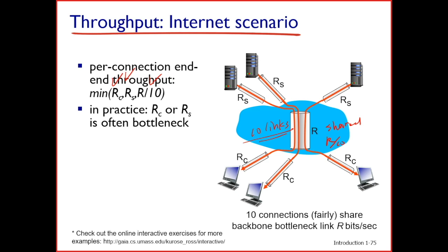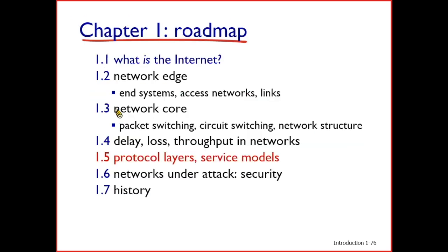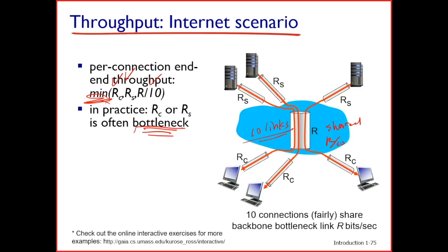And it says in practice, RC and RS are often the bottleneck. In practice, sometimes we have a lot of link connections sharing the link R. So it doesn't mean R over 10 is always larger than RC and RS. No, so that's why we need to take the minimum. And that's it. This is throughput.